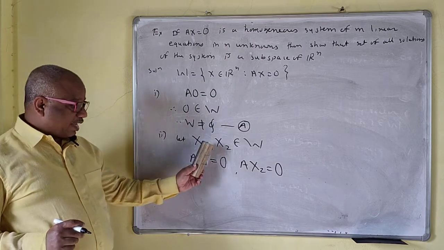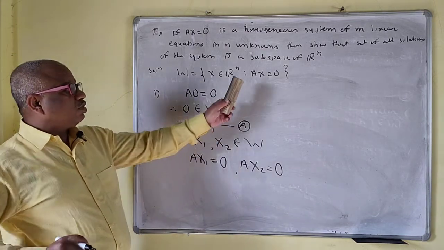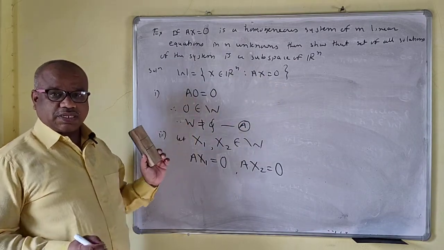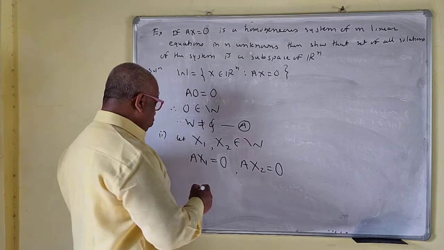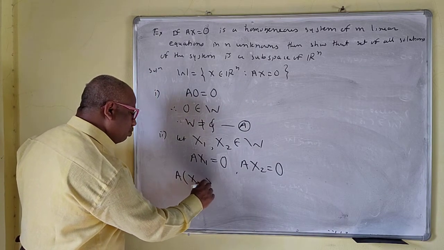We want to prove that x1 plus x2 belongs to W. When A into x1 plus x2 is equal to 0, then x1 plus x2 belongs to W. So we'll prove this one. We'll find A into x1 plus x2.